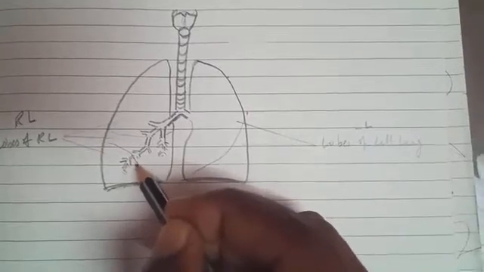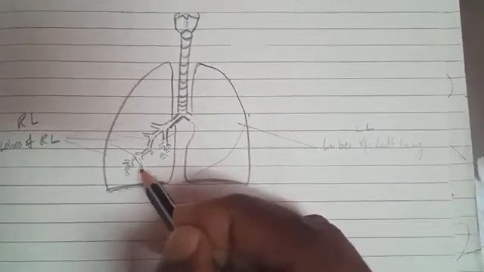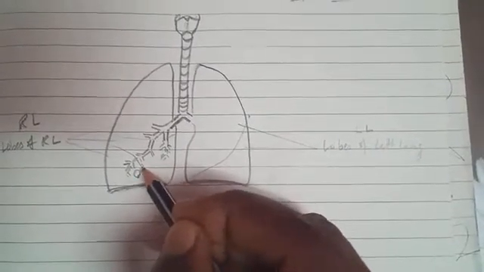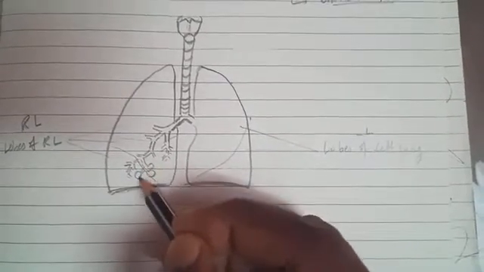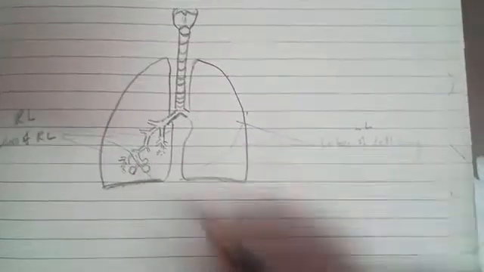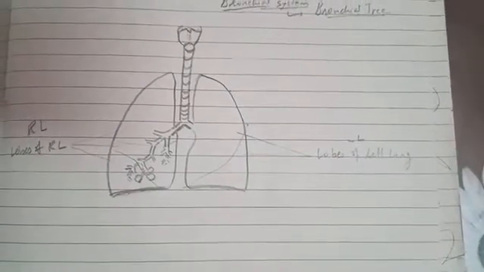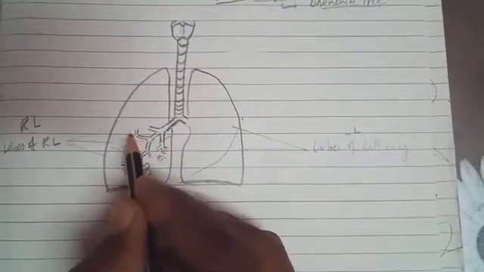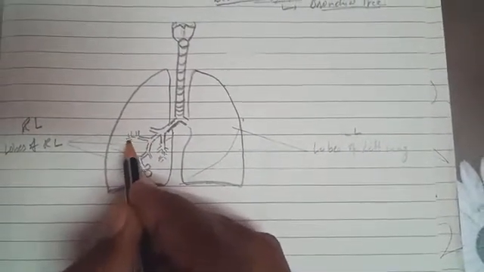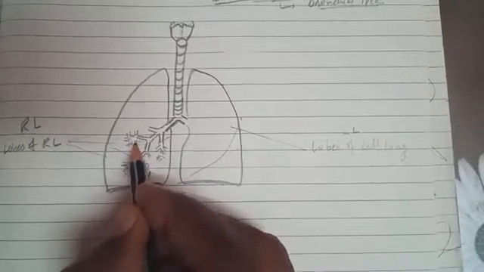And finally there is an air sac, like this. So you can show the air-filled cavities, they are air sacs, the alveoli, right. So this is the bronchial tree, and you can also show a number of branches.